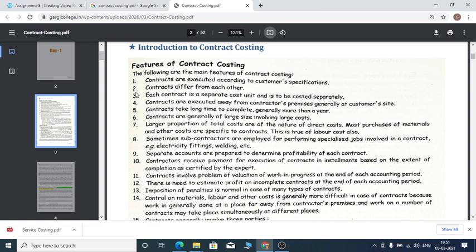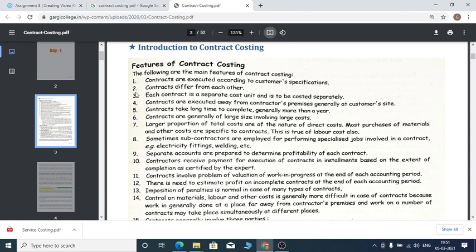For example, if the contract price is 1 crore and after the first year only a 10 lakh value of the contract has been completed, the expert will verify such value, and if the expert values it at just 8 lakh, then the contractor will receive the payment according to the value certified by the expert.